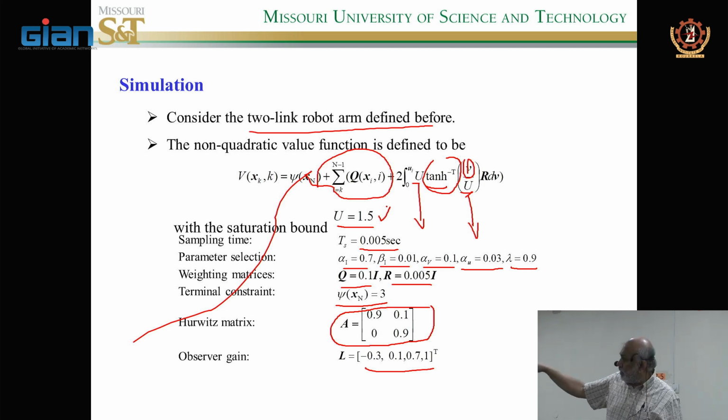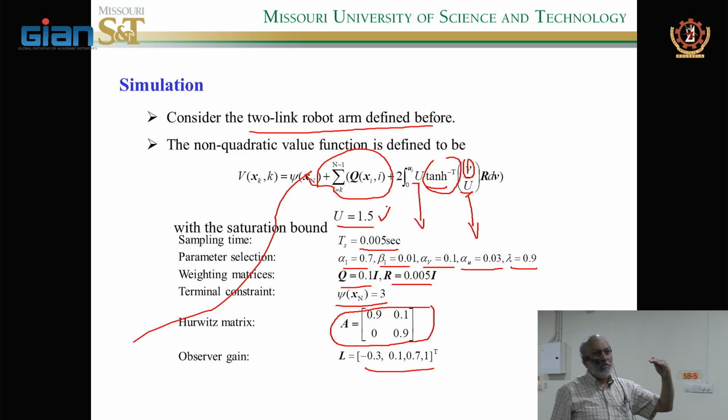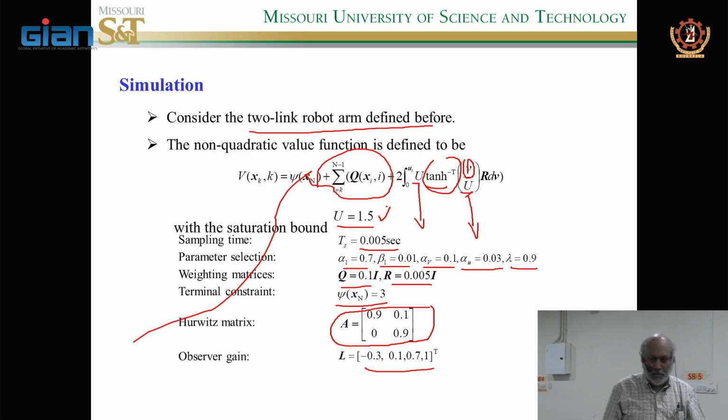In a regulation, all this stuff we are doing is a regulation, the trajectory is a constant, either 0 to something or something to 0. So it's always a constant. Since the neural network doesn't approximate over the compact set, as I mentioned, you define a trajectory generator.